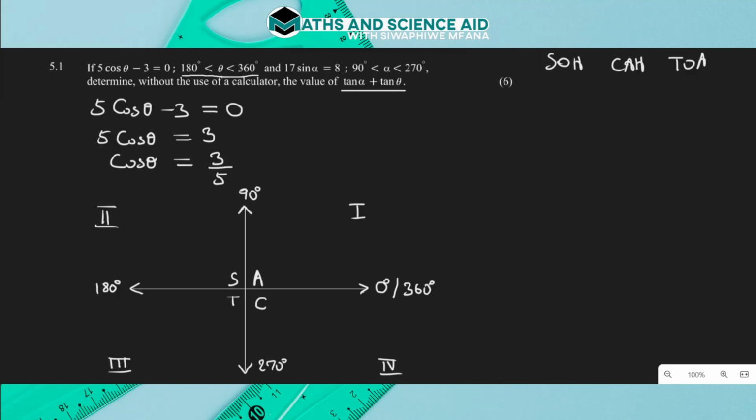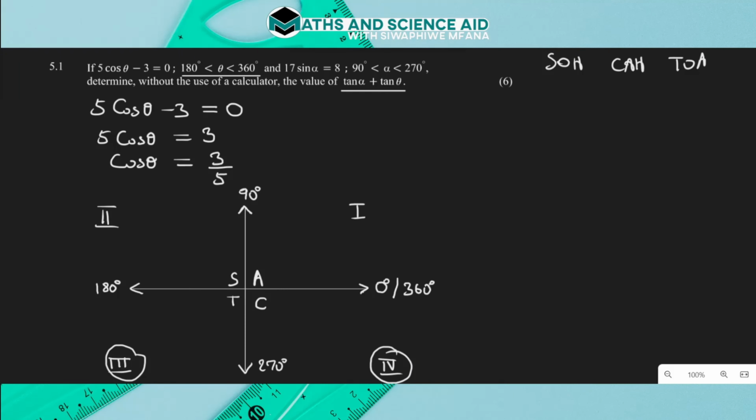Okay, so using all of this information, we are now going to consider the restriction of theta that they had given us in the statement. So we were told that theta is greater than 180 degrees but less than 360 degrees. So this means that the angle of theta is in between 180 degrees and 360 degrees, which basically means that it's either in the third quadrant or the fourth quadrant.